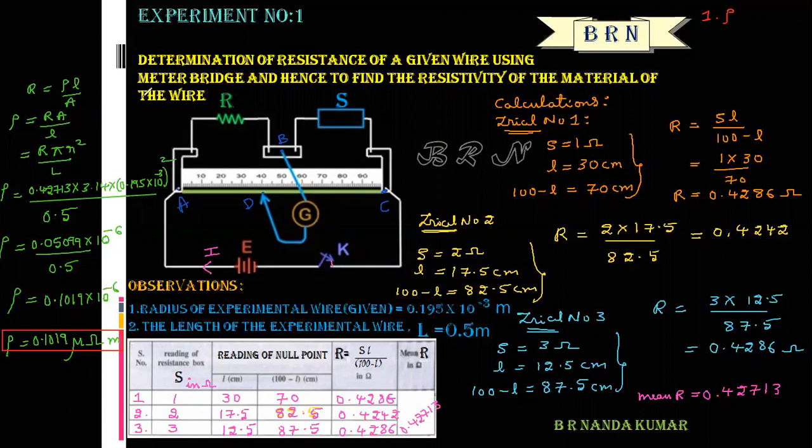What is the SI unit of resistivity? The SI unit of resistivity is ohm meter. On what factors does the resistivity of a given material depend? This is also a very important question.